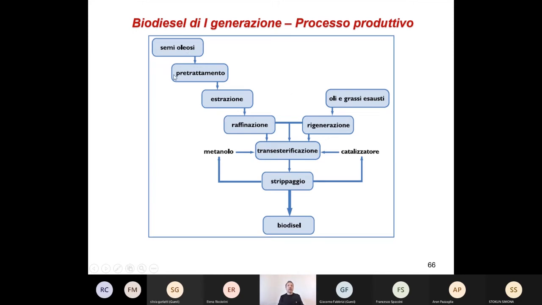So from seeds, you may need a pretreatment just to separate seeds from, for example, other parts of the biomass, then the extraction with the mill in general, not always the refination of the vegetable oil, then the transesterification and other processes to recover the reaction substance, methanol.